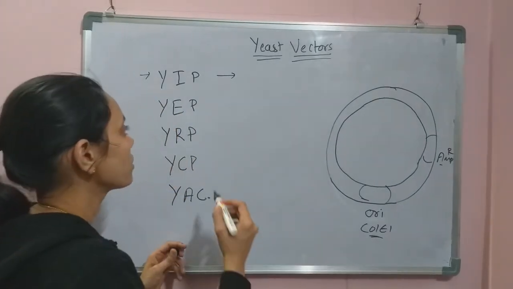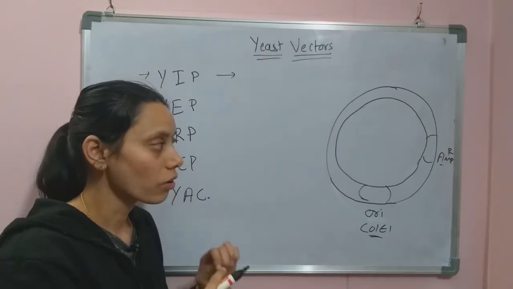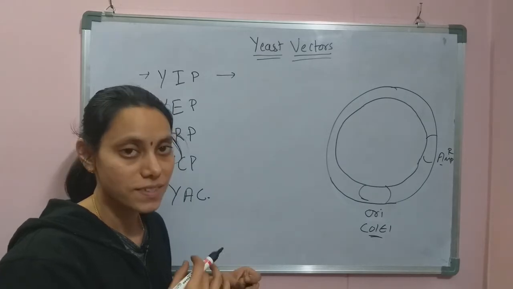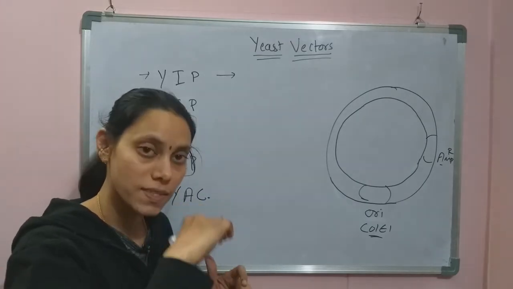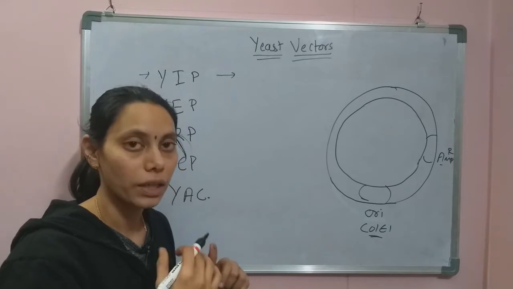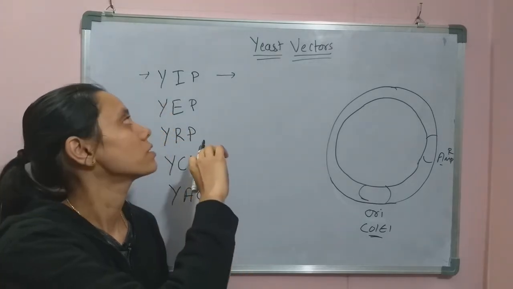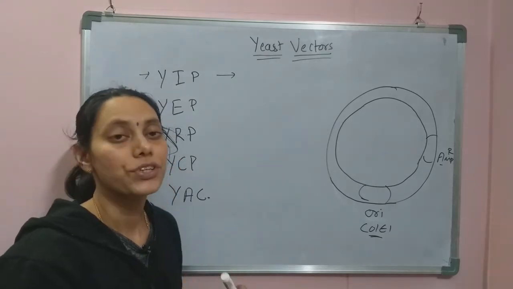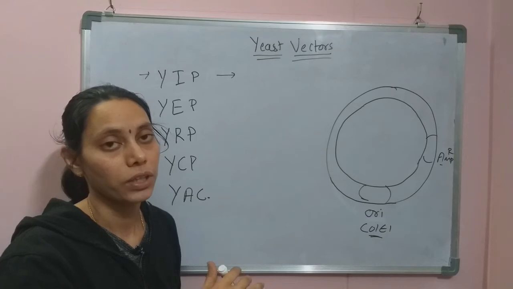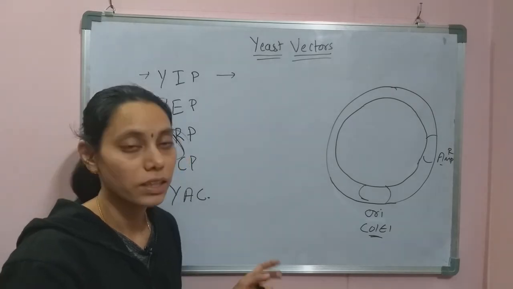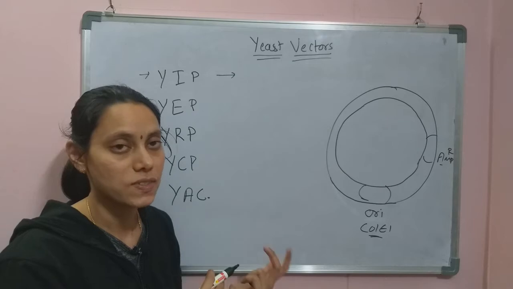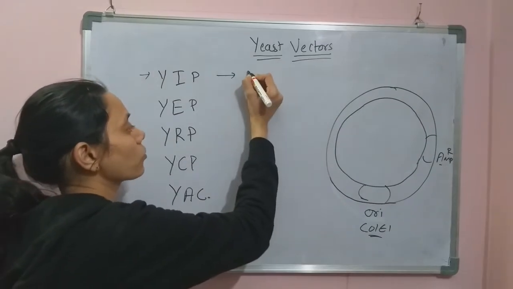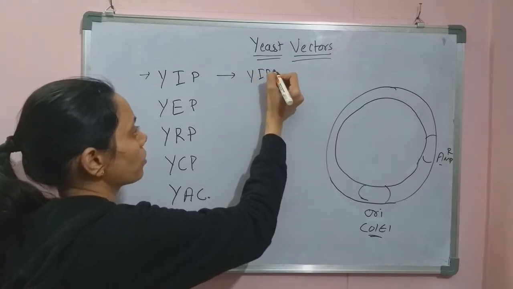They do not have self-replicating ability once introduced into the yeast cell, but need to integrate into the genomic DNA to replicate. Hence they are called yeast integrative plasmids. They don't have an origin of replication for eukaryotic replication, so they need to integrate inside the genomic DNA of the yeast cell. One such example of a yeast integrative plasmid is YIP5.